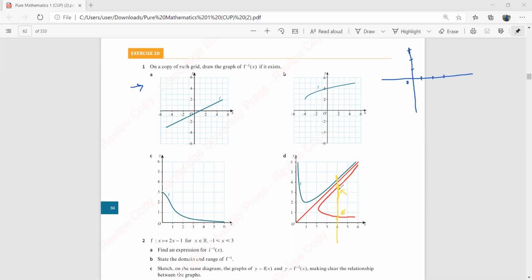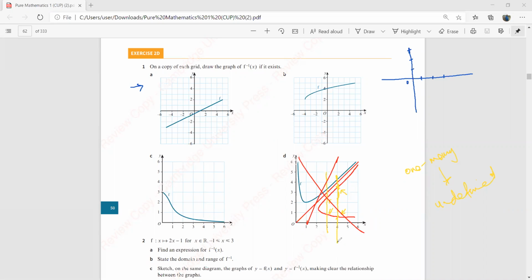This 4 has got 2 wives, which is very much prohibited. Look at this 3. It has 2 different images. So remember, one to many is not allowed. This is an undefined function. So if this is not a one-to-one function, you cannot have its inverse. So the inverse of this function does not exist. So whatever we have done here is totally wrong, this is not allowed.